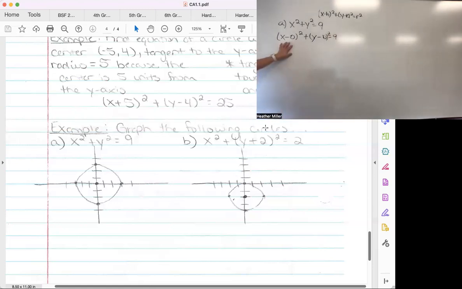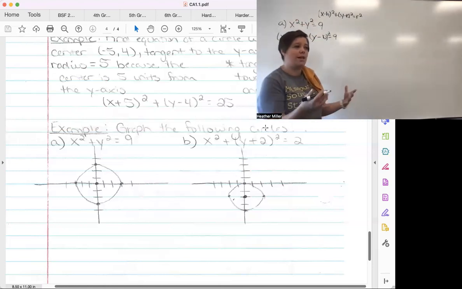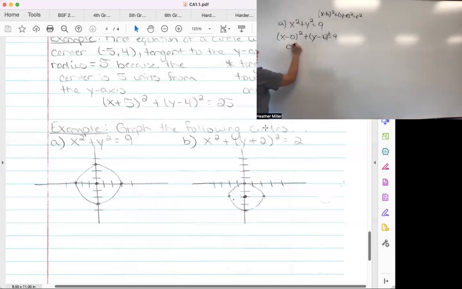But this looks a lot yuppier. Yes, that is a true mathematical term, yuppier. This looks a lot yuppier than this. And so that's why we write it like this. So if you see x squared plus y squared, you should hopefully start to immediately recognize that as telling you that you have a center at the origin, 0, 0.